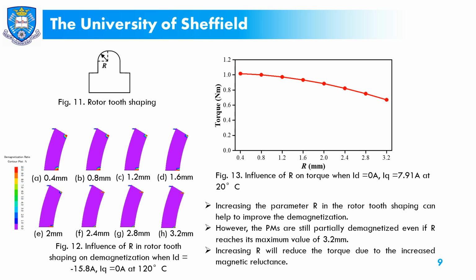However, the magnets are still partially demagnetized even if R reaches maximum value of 3.2 mm. Increasing R will reduce the torque due to the increased magnetic reluctance.